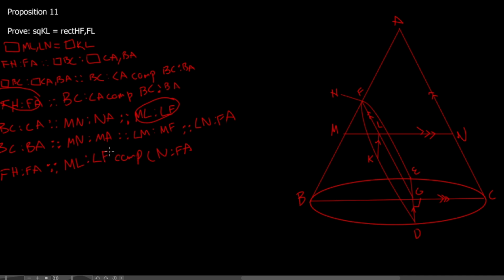So just as I've explained before what compounded ratios are and how you can take them from figures, let's now do the reverse and put this back into figures by sort of foiling it out. So I'll do FH to FA is as the rectangle ML LN, ML LN is to the rectangle LF FA.